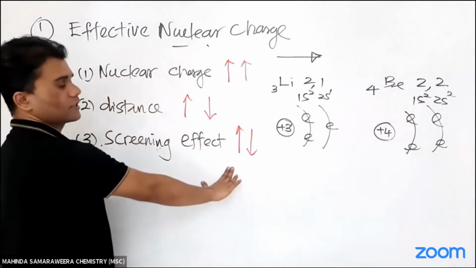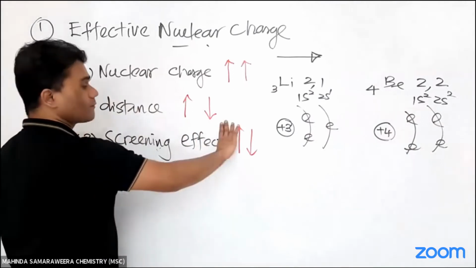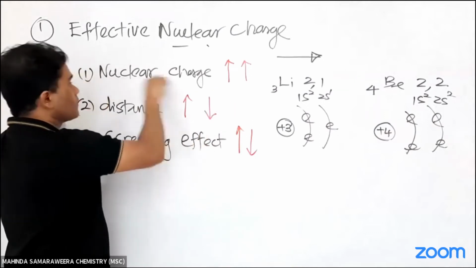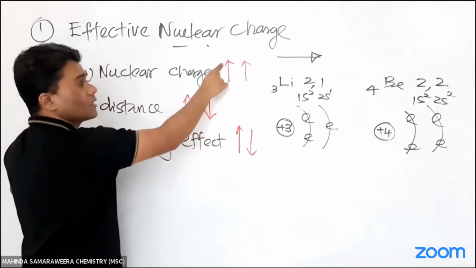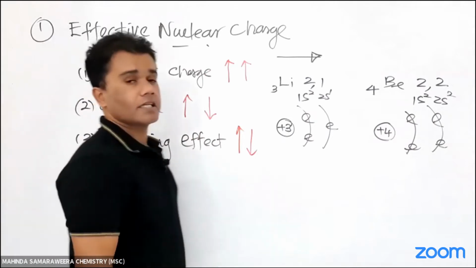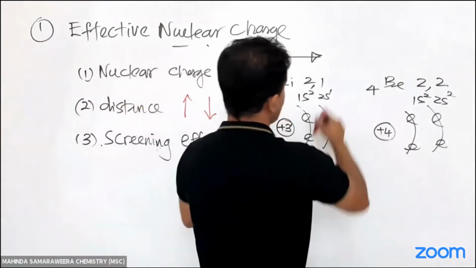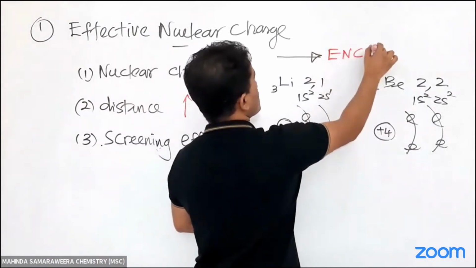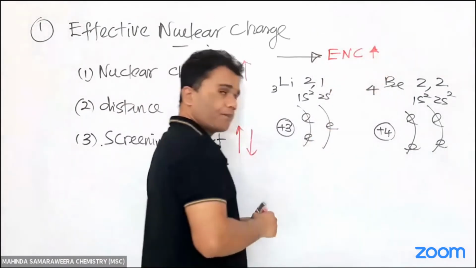This is constant. Then we can forget about that factor. And here also we can forget about that factor. Because of this, you can say if nuclear charge increases, therefore effective nuclear charge increases. So remember that one. Going along the period or across the period, effective nuclear charge increases. Why?